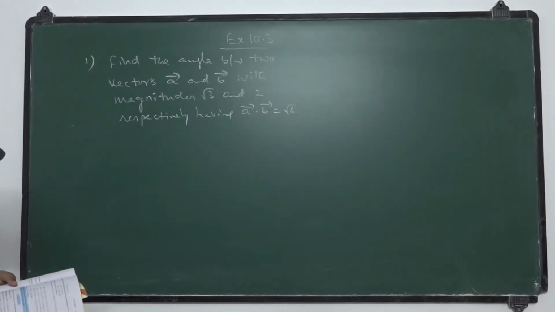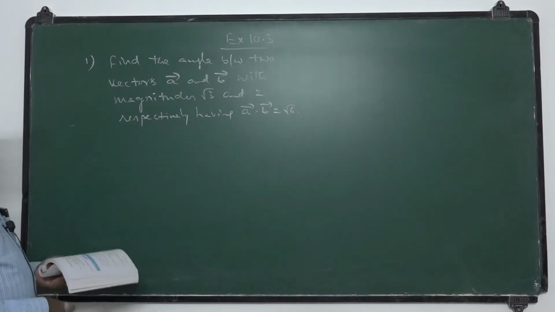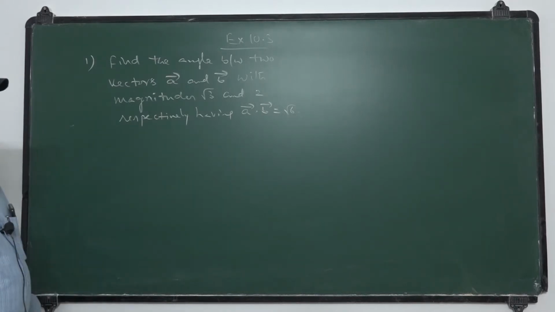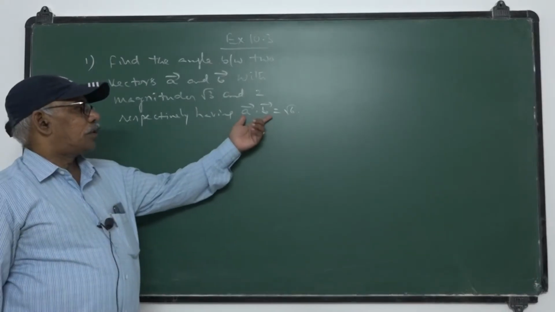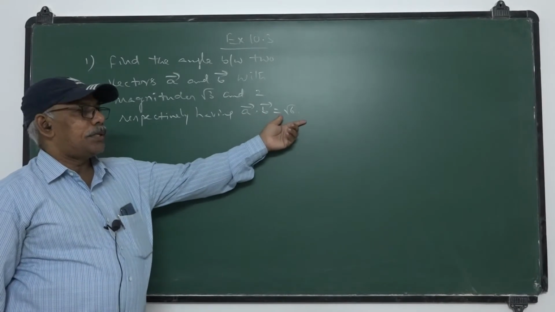The angle between the two vectors A bar and B bar with magnitudes root 3 and 2, so that the dot product of the two vectors A bar dot B bar is root 6.